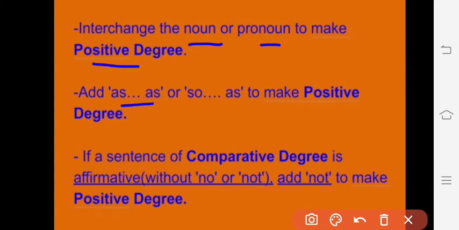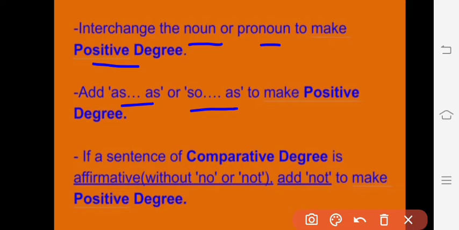Add as or so as. While you convert comparative degree into positive degree, you must apply as or so as, because as or so as shows positive degree formation. That's why you must put as or so as.